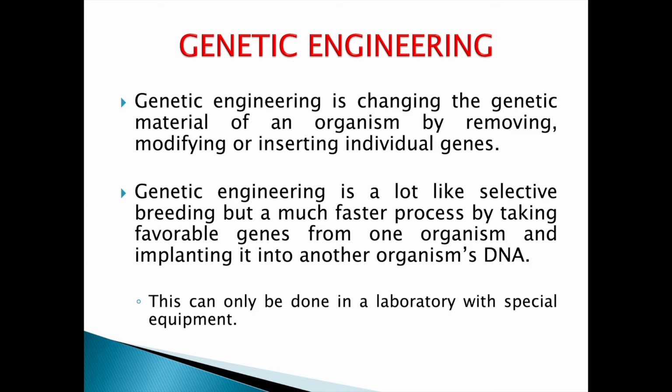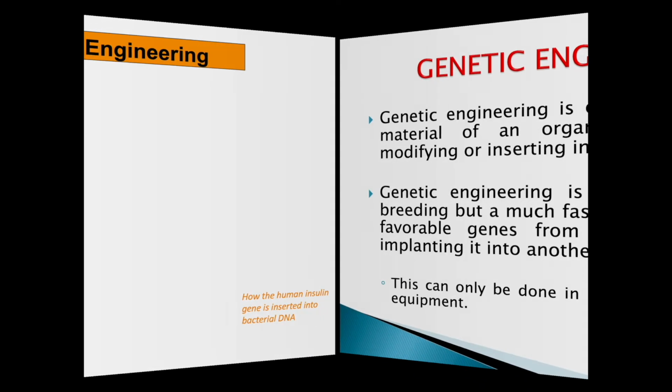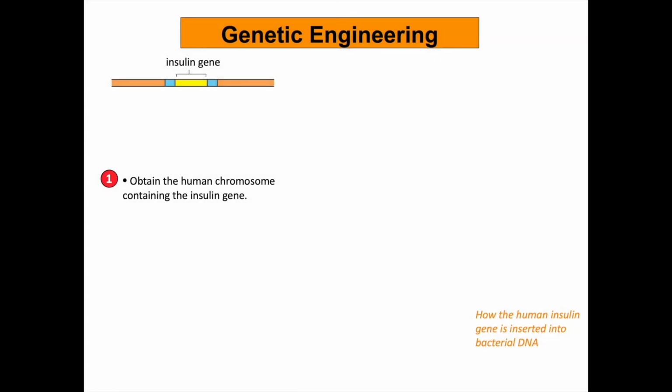And the fourth one is the creation of a vaccine made through genetic engineering. So in this video, I will also explain to you what are the different processes involved in this genetic engineering. So here we go. Let's begin with the first.